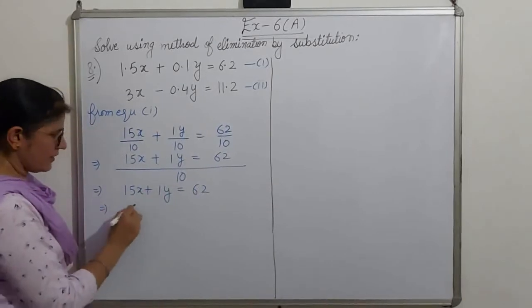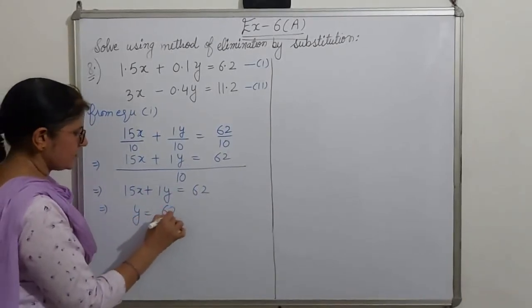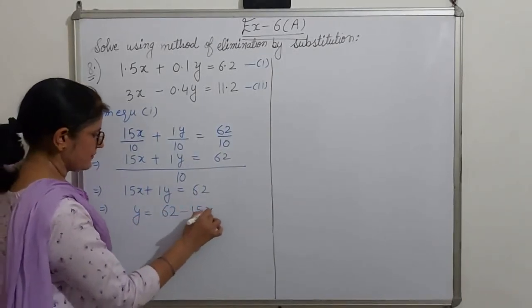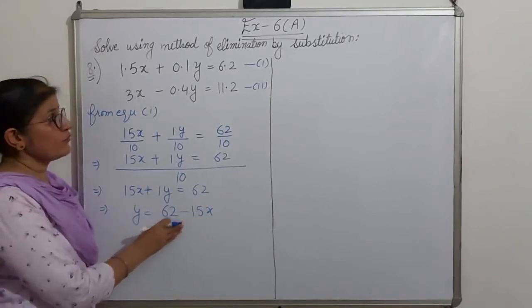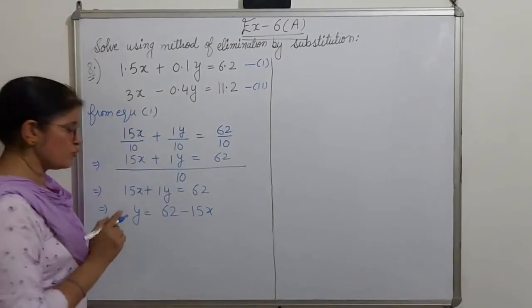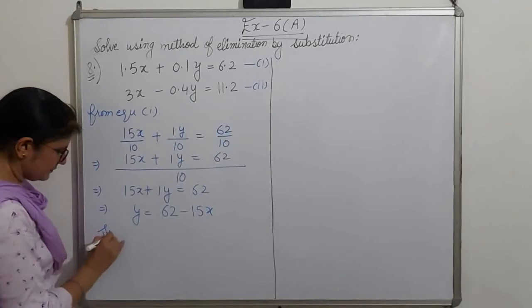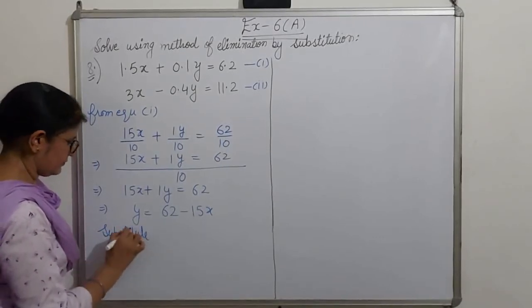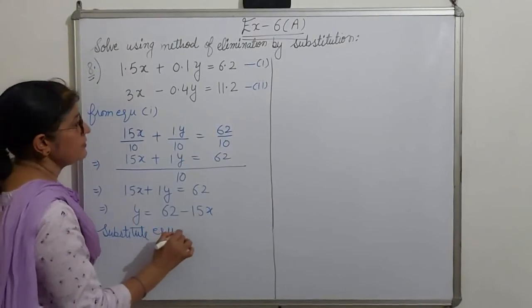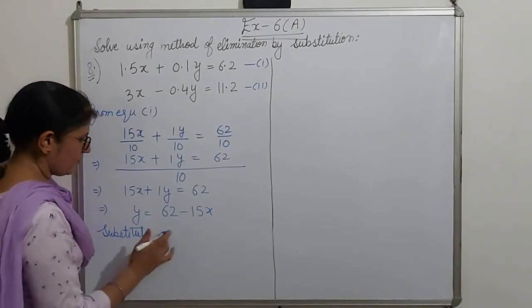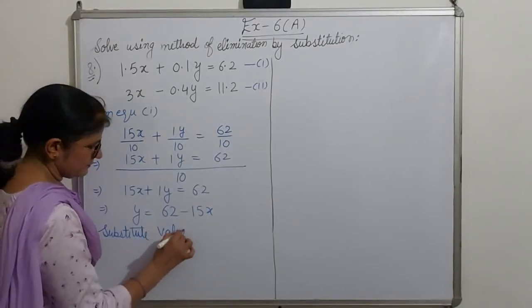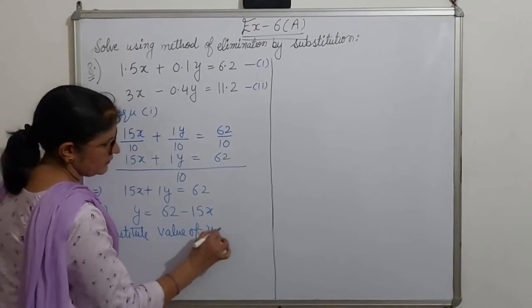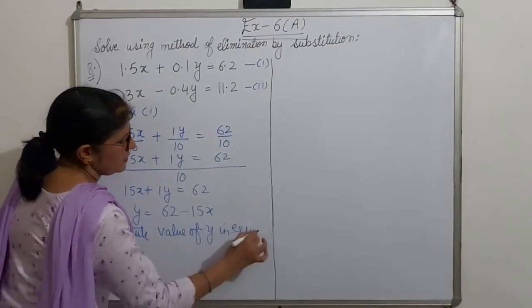And what is y here? 62 minus 15x. This value you have to substitute in equation 2. Substitute the value of y in equation 2.